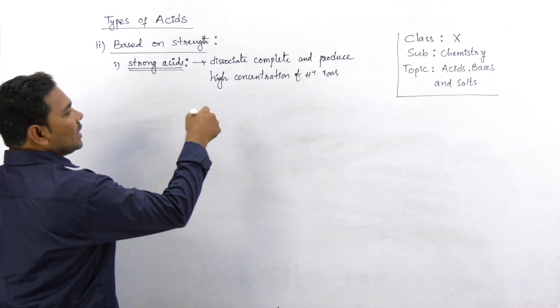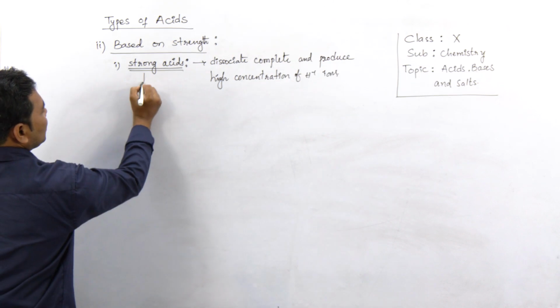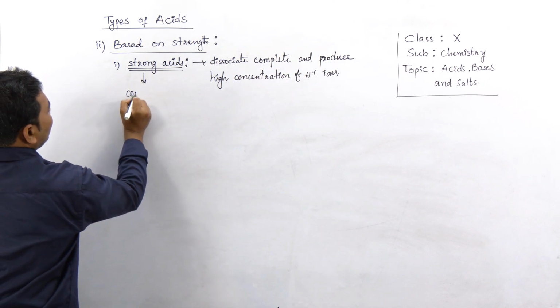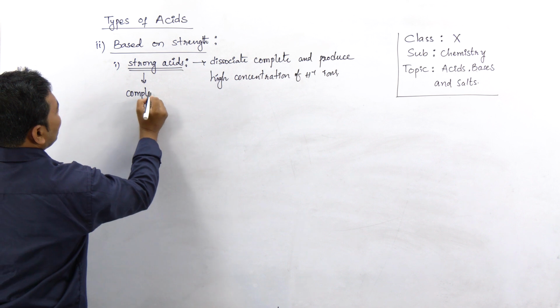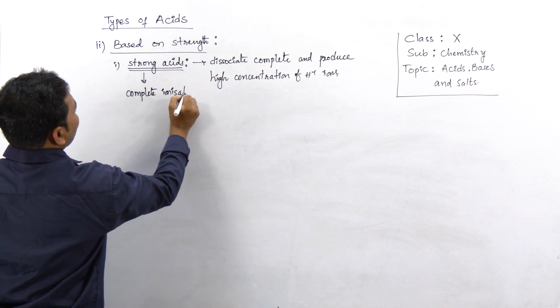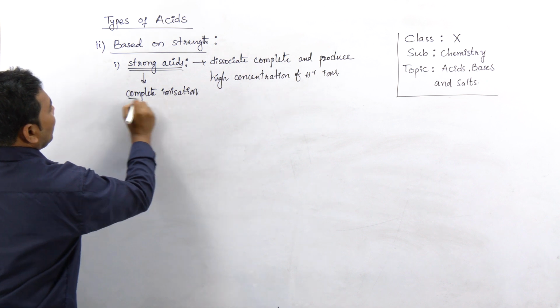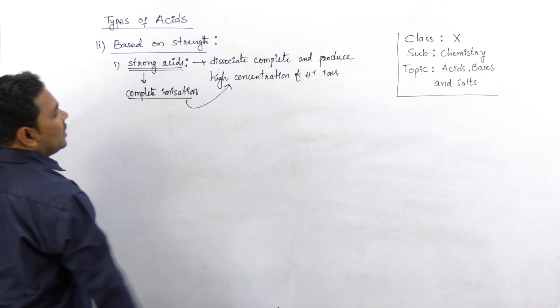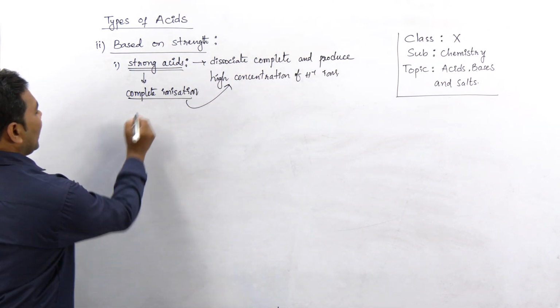They undergo complete ionization. So we'll write: strong acids undergo complete ionization. As a result, they produce a high concentration of H+ ions.